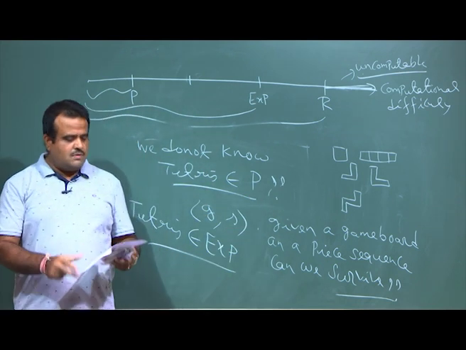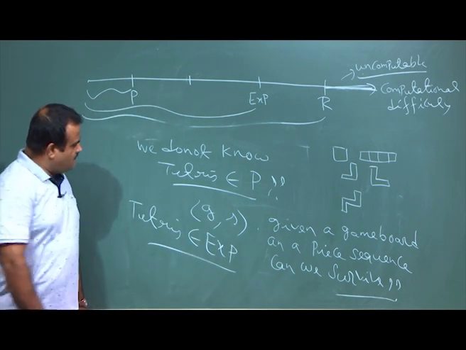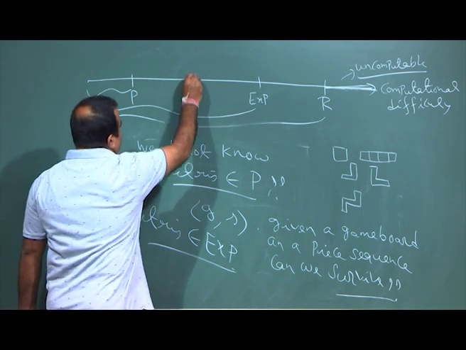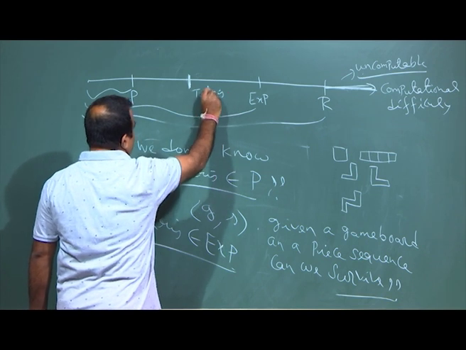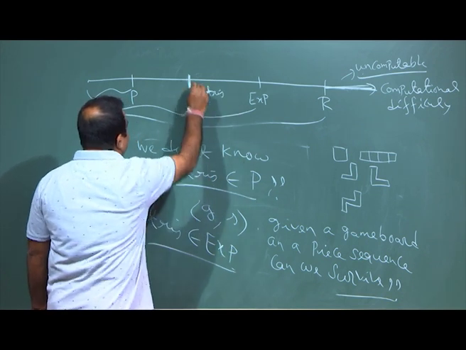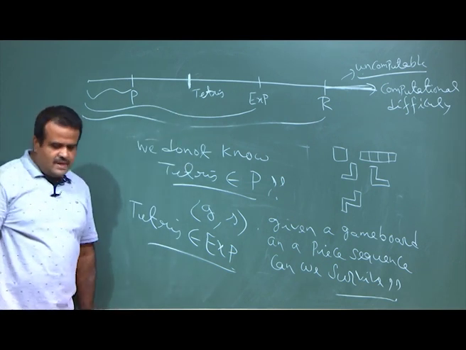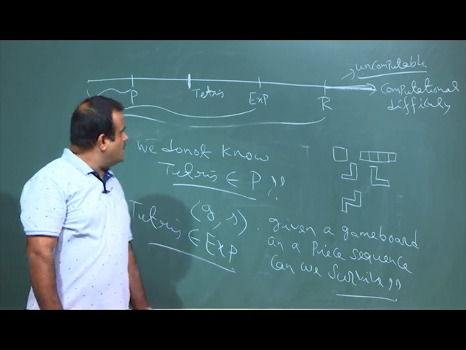This is another example of an exponential time algorithm. Tetris, we do not know, I mean this is an exponential time algorithm, but we will see it is also NP. We have not defined NP, we will talk about NP.